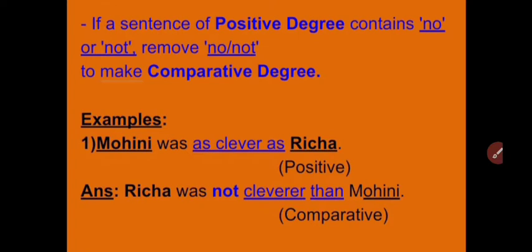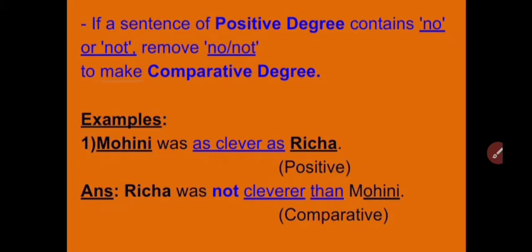The next step is that if the sentence of positive degree contains no or not, means positive degree having negative meaning, then remove no and not to make comparative degree. So again I remind you, if positive degree has negative meaning, you have to convert into positive meaning while converting into comparative degree.